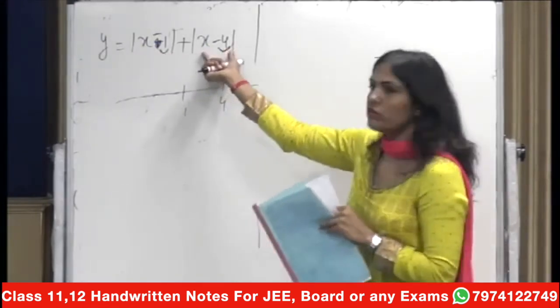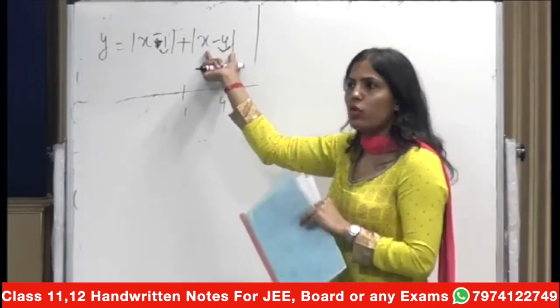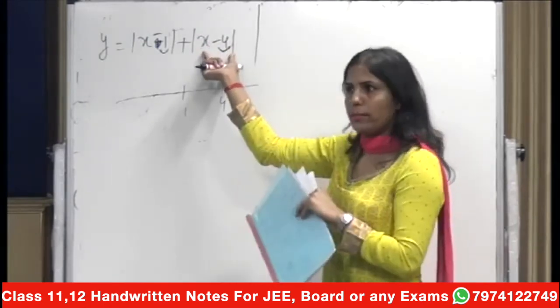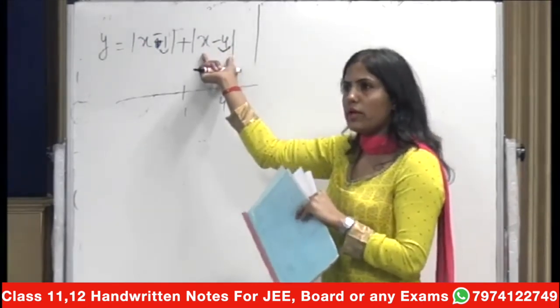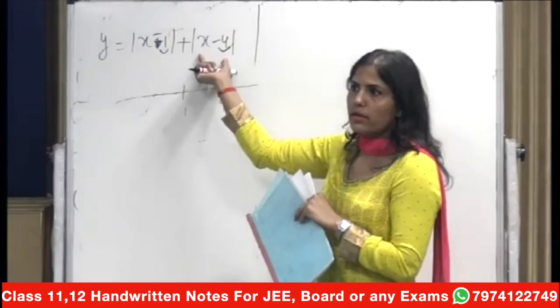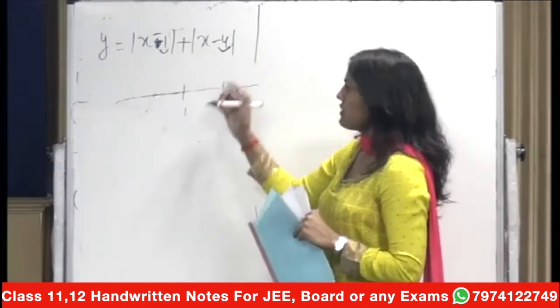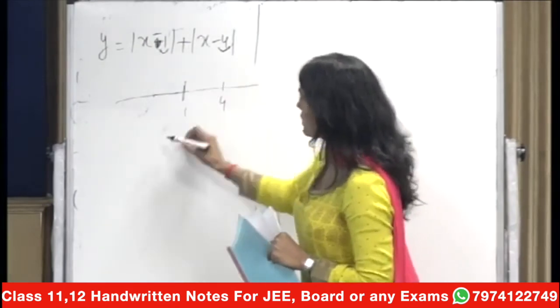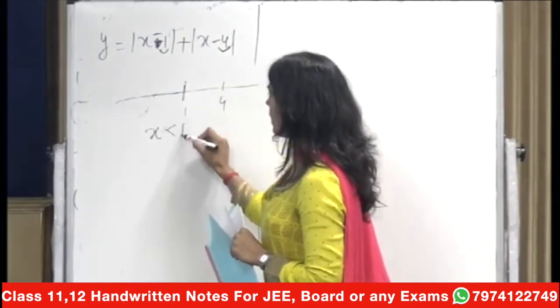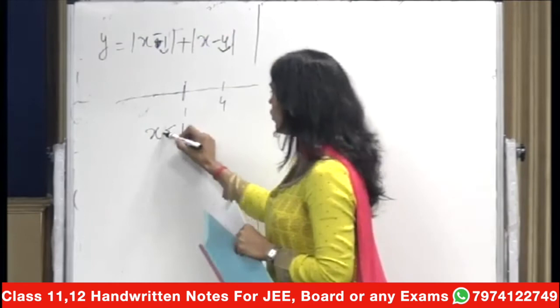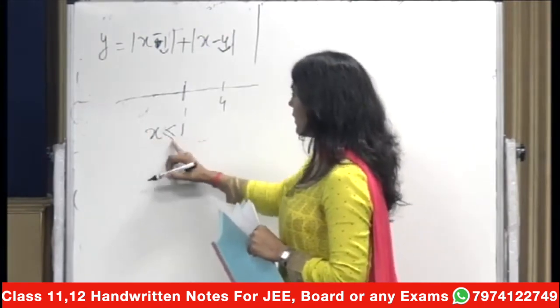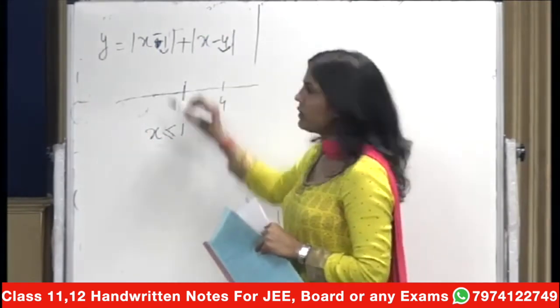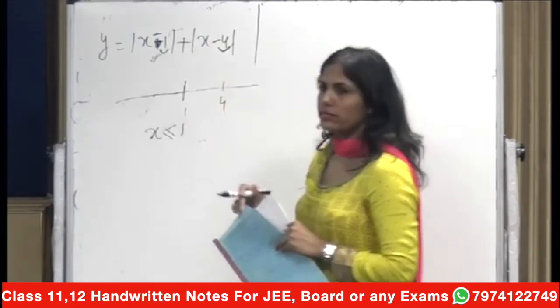For the other function, the same condition: if x minus 4 is greater than or equal to 0, this will be positive, otherwise negative. So for such cases we make intervals. So the first interval is x less than or equal to 1. For x less than or equal to 1, will this function be positive or negative?